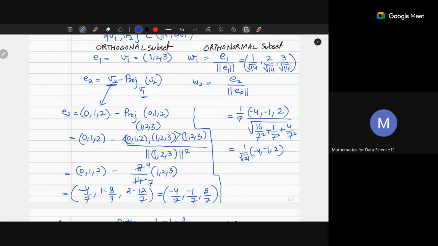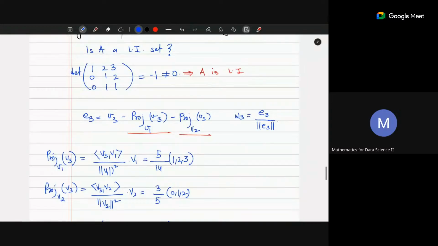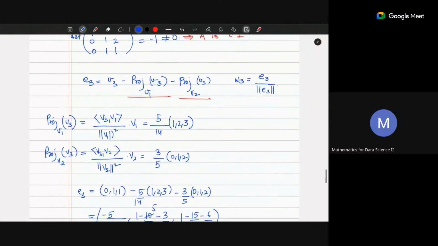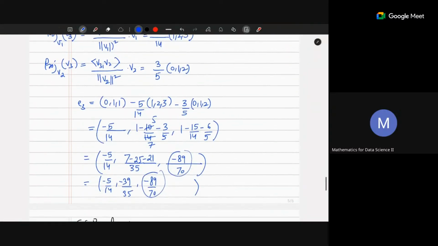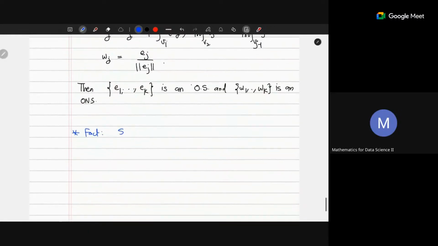So the span of the Eis is a subset of the span of the Vis. So it is clear that the span of E1 up to Ek is a subset of the span of V1 up to Vk.